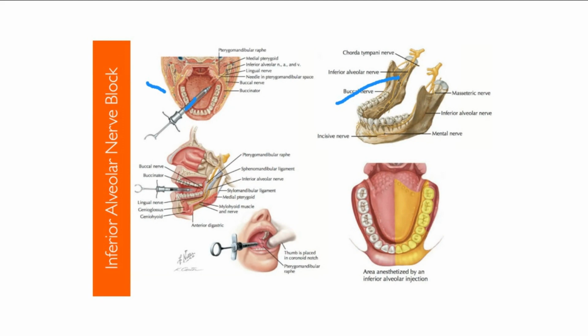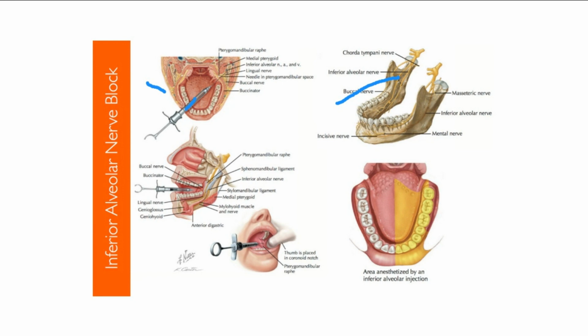Let me say it this way: you are going parallel to the lower occlusal plane to be specific, and when you get the needle in there, there is something that I want you to remember. If you get only a quarter of the needle, and then the bone stops you, you are not in the right angle. If you go further and you take three quarters of the needle, you're wrong. It's supposed to be about half the way.